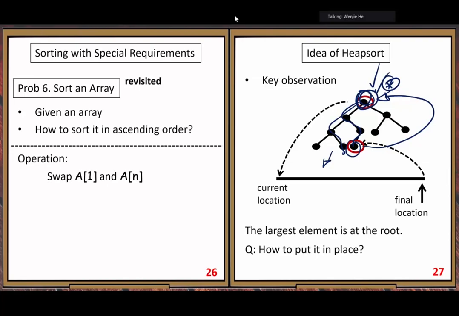Here, let me use simple pseudocode to describe the whole process. First, swap A of 1, the root node, and A of n, the last element. After that, we put the max in place. Then we need to recover the max heap property. How to recover? We run max heapify.